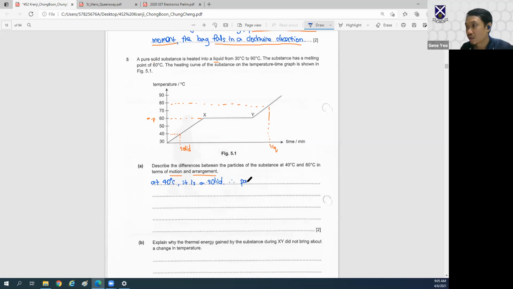Therefore, the particles vibrate about a fixed position, but at 80 degrees, it is a liquid, and particles slide past one another.